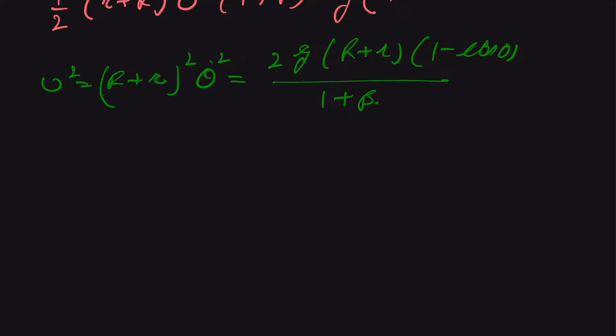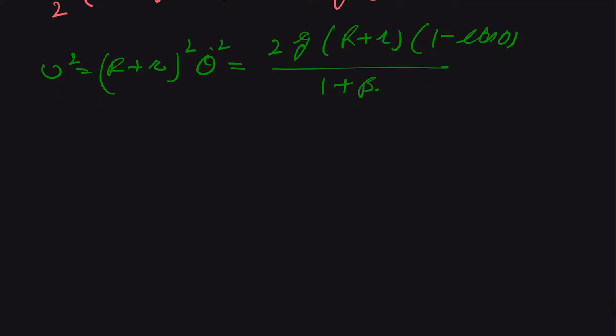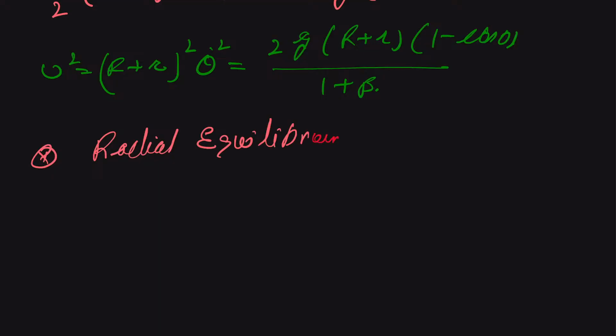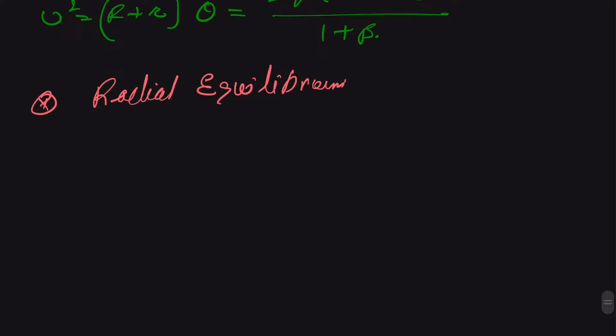And we can find out the radial acceleration also, or we can say radial equilibrium, and that will be because of our centripetal force. So we are having a radial equilibrium, and under radial equilibrium we can write that m v square over (R + r) will be equal to mg cos of theta minus N. N is our normal. We can just draw an approximate figure for that.